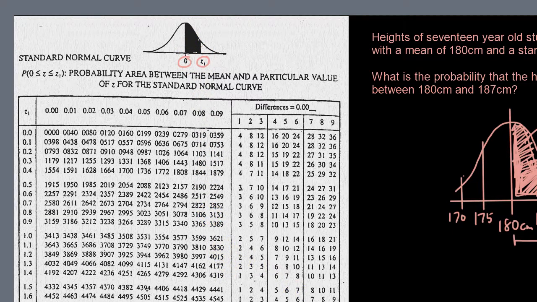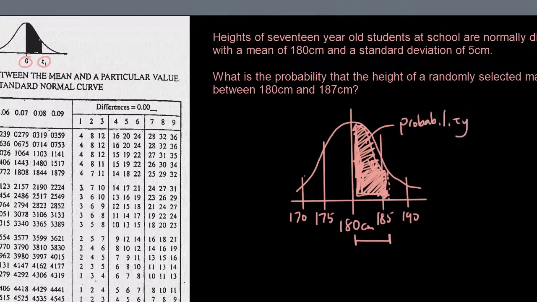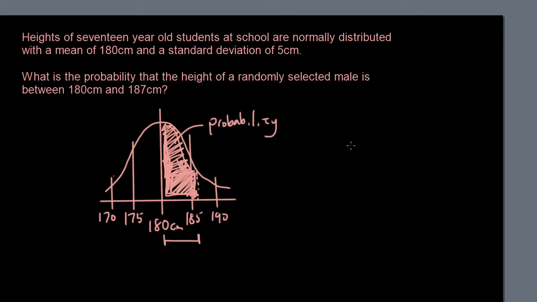So if we have a look at our formula for finding the z-score, the formula is z is equal to x minus the mean divided by the standard deviation. So the x value that we want right now is 187, because we already know the z-score of 180 is going to be 0, because it is the mean.